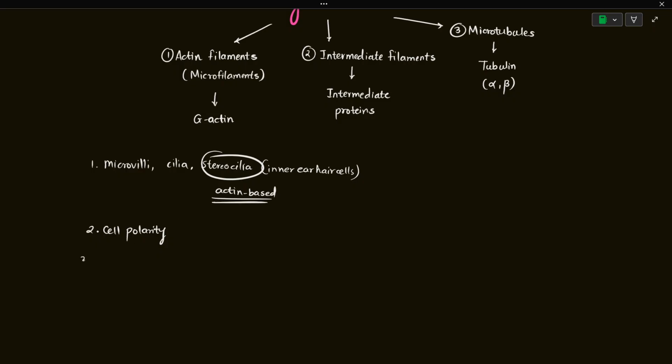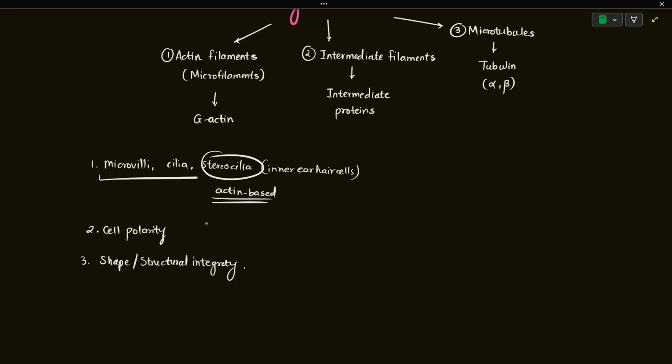Okay, so it maintains cell shape, structural integrity, the physical robustness. And it also maintains cell polarity. It forms specific structures like microvilli, cilia, stereocilia, which have different types of functions in the cell.